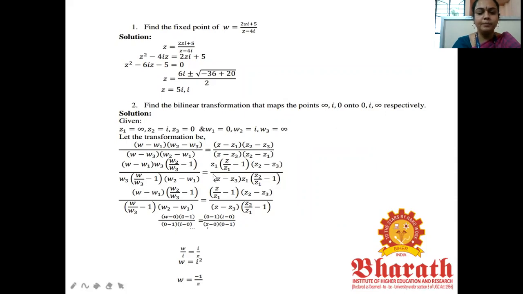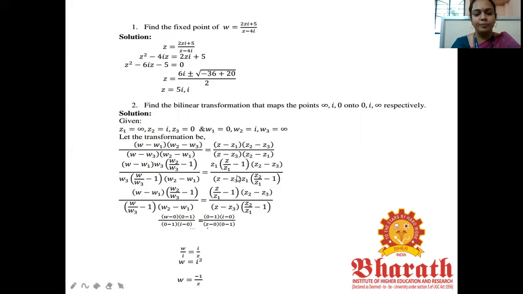By the formula of the bilinear transformation, (omega minus omega 1)(omega 2 minus omega 3) by (omega minus omega 3)(omega 2 minus omega 1) equal to (z minus z1)(z2 minus z3) by (z minus z3)(z2 minus z1). If we substitute, the value is infinity. So to avoid the infinity, since omega 3 is infinity, omega 3 is taken outside, here also omega 3 taken outside.